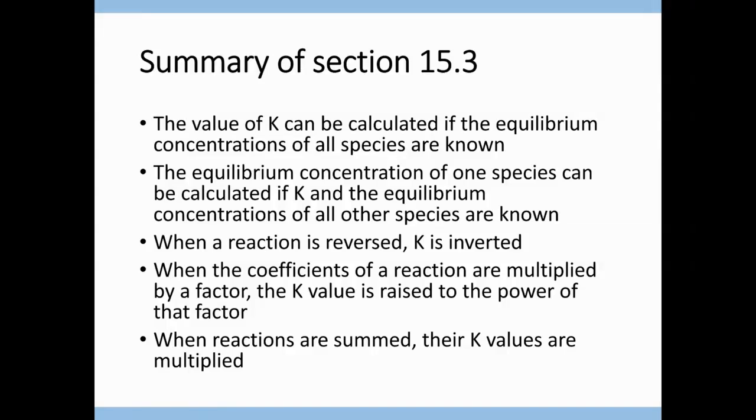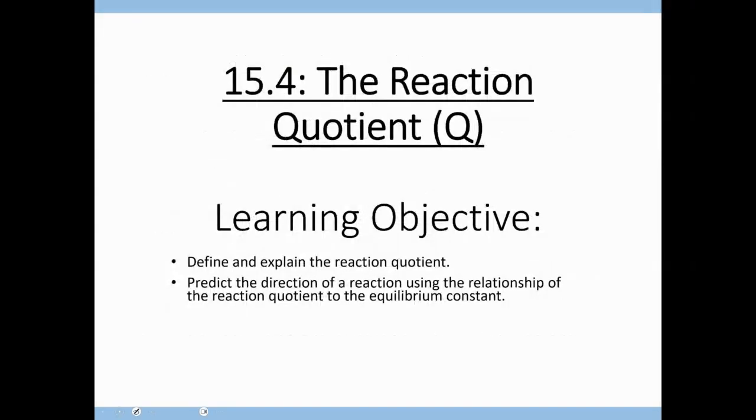Or if you're adding more products, that can alter the equilibrium. So we're going to talk about determining, using the reaction quotient, if a reaction is at equilibrium or not. And if it's not, is it going to then produce more products to reach equilibrium, or does it need to produce more reactants to reach equilibrium?